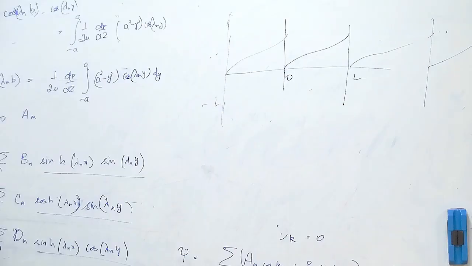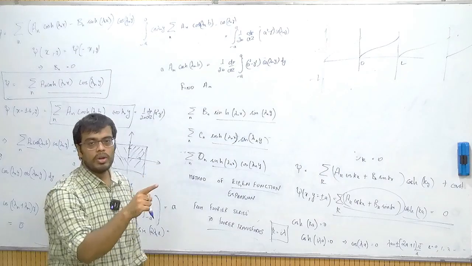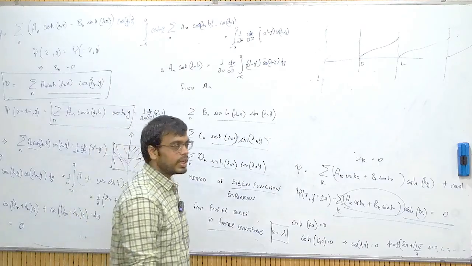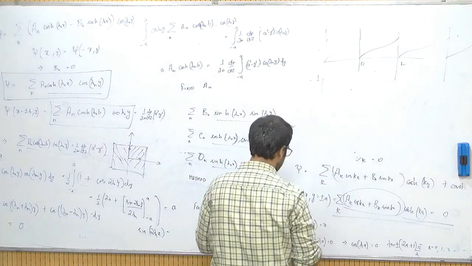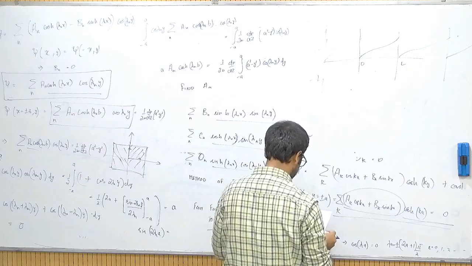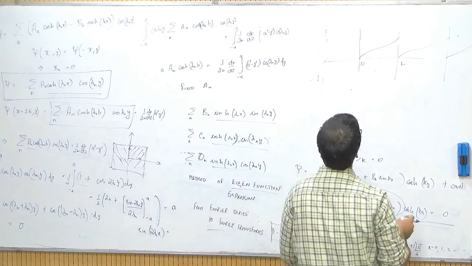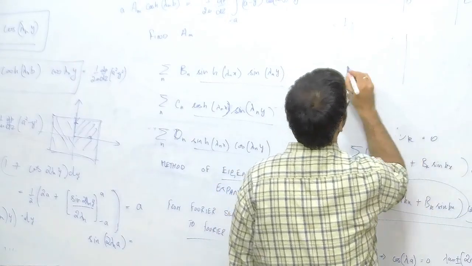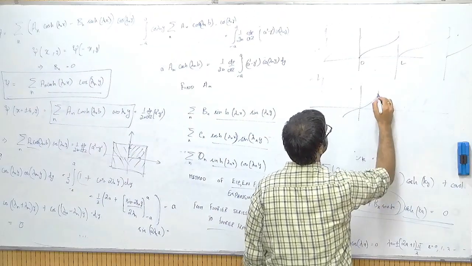From Fourier series to Fourier transforms you go when you take the limit L tends to infinity. And this need not start from 0. You could have a function which is, let us say, like this also.